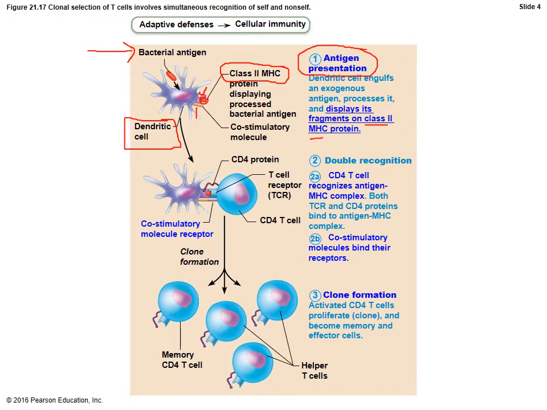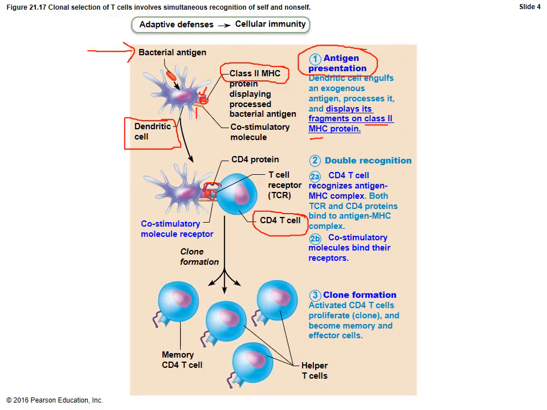Now remind yourself that class 2 is going to be specific for the activation of our CD4 naive cell. What we see happening is that the activation is going to involve a double recognition because our CD4 cell, right over here, needs to interact with both the MHC here in purple as well as with the foreign antigen.